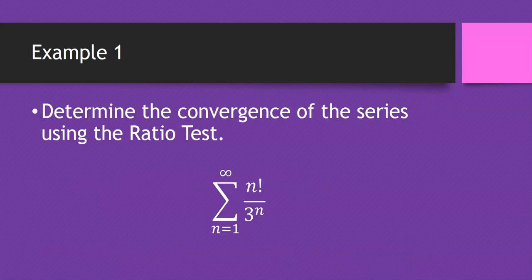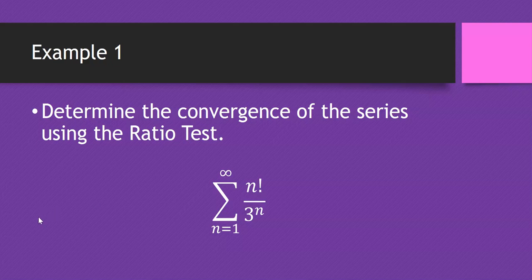So let's take a look at this example. We're going to determine the convergence of this series using the ratio test. Now, if we were going to officially use the ratio test, what we would do is take the n plus 1 term over the n term and then take the limit as n goes to infinity.